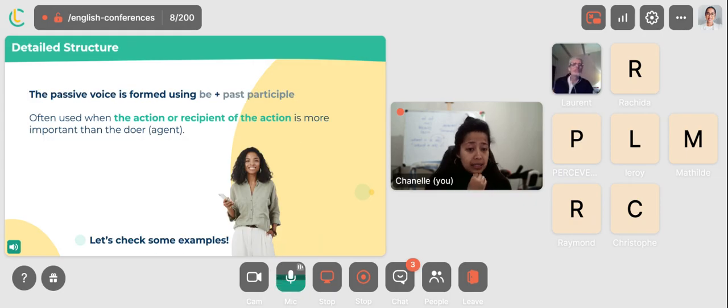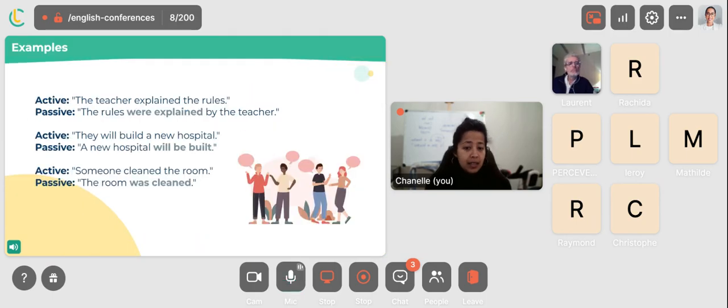The passive voice is formed using be plus the past participle, often used when the action or the recipient of the action is more important than the doer, who is the agent. Let's look at some examples. In active voice, the teacher explained the rules.